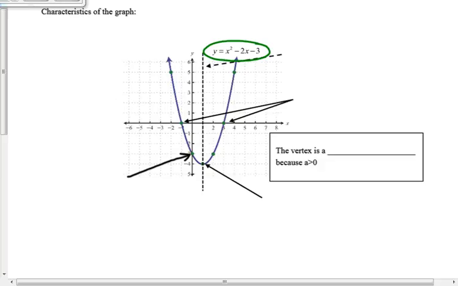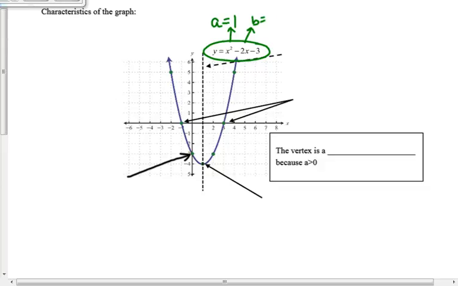So I look at this equation, I see just x squared. I don't see an A value sitting in front of it. When I don't see a coefficient, we know that coefficient is positive 1. Okay. So my A being positive 1, that's a greater number than 0. That's a positive number. That is why my parabola is facing up right now.